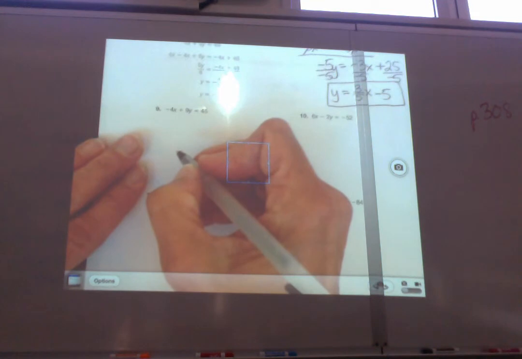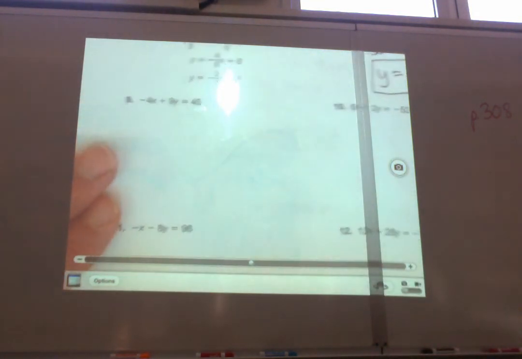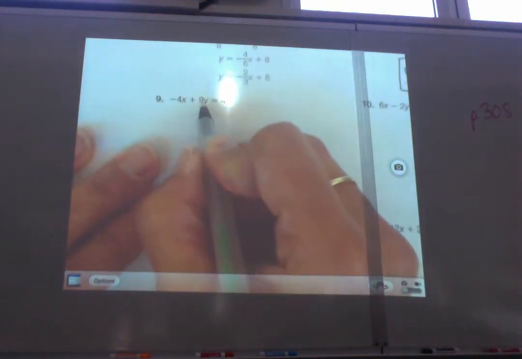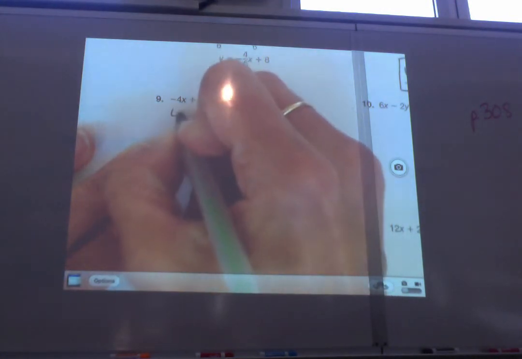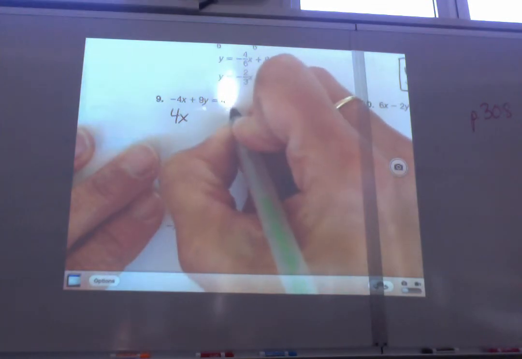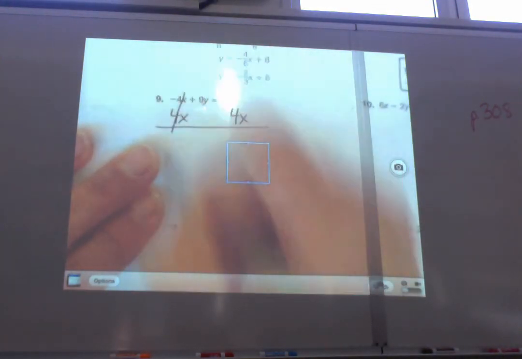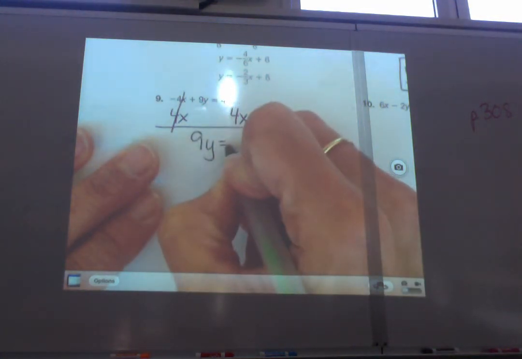Let's take a look at number 9. Make it bigger. I want y by itself. How do I get rid of that negative 4x? Add it here and add it on the other side of the equals. 9y equals.